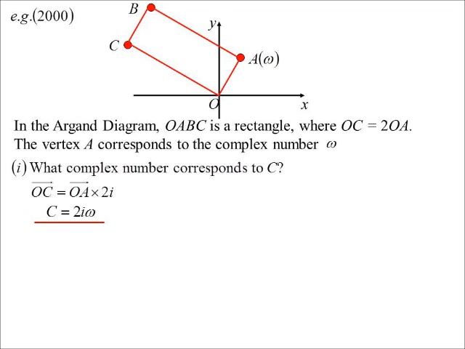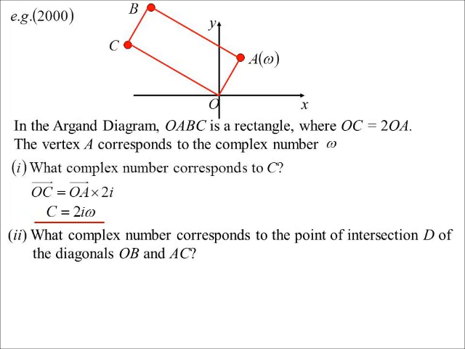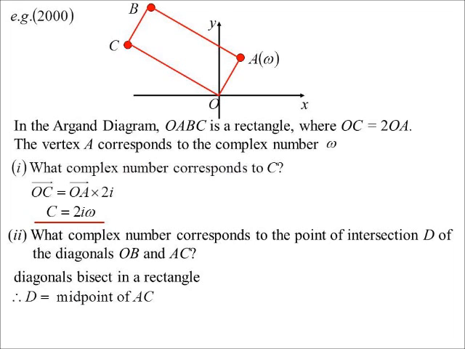All right, what complex number corresponds to the point of intersection D of the diagonals OB and AC? I know the diagonals will bisect, so that point of intersection must be the midpoint of AC. Midpoint formula: we add the points together and divide by 2.